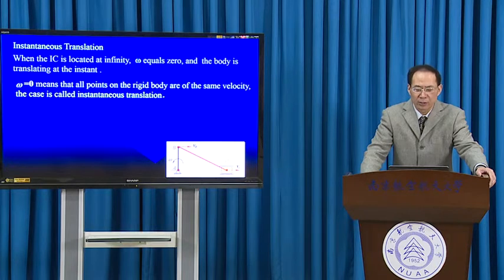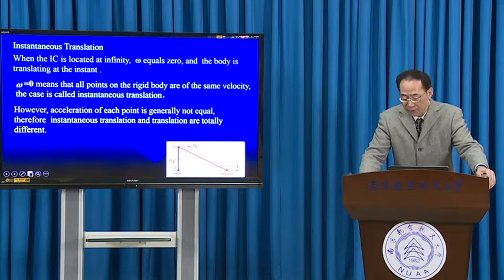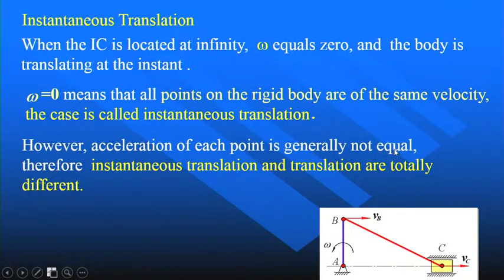But remember, it is different from translation of a rigid body, because the acceleration of each point on this linkage is generally not equal.